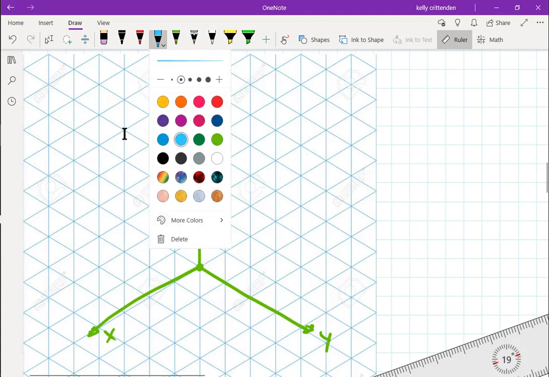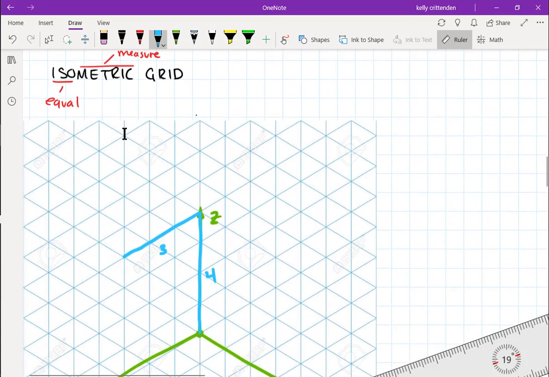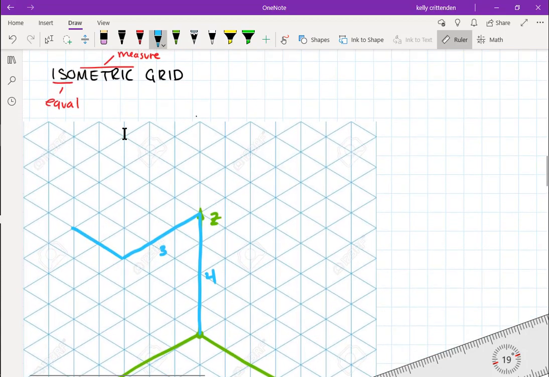It won't always show up exactly like this, but here's one that will. Let's go up 4, 1, 2, 3, 4. Let's go in the X direction 3, 1, 2, 3. And let's go in the negative Y direction 2, 1, 2.